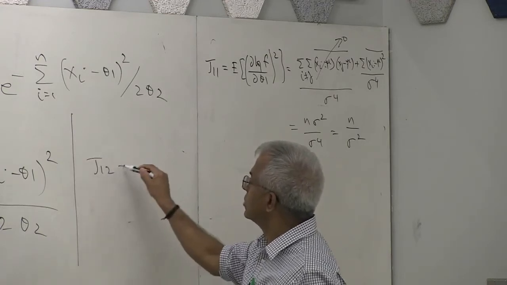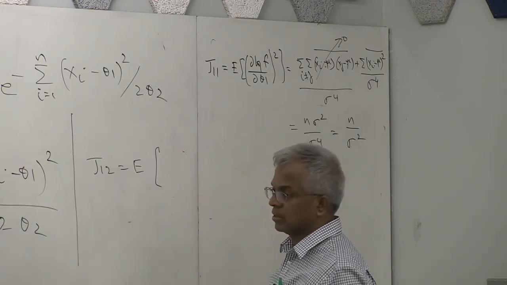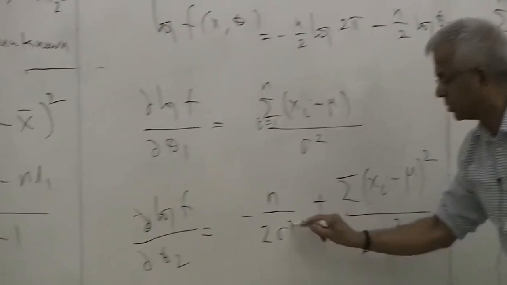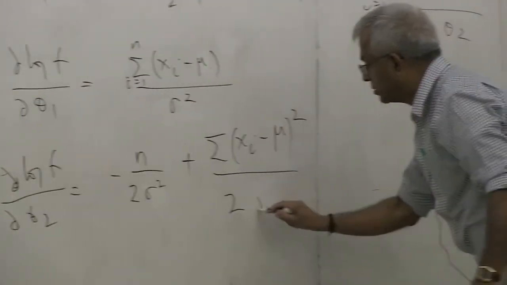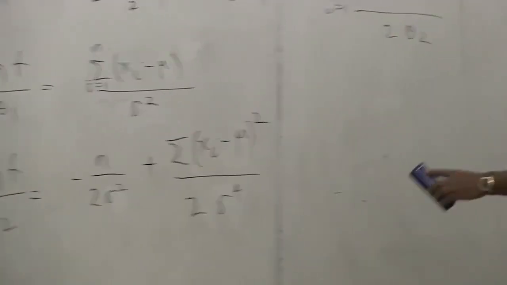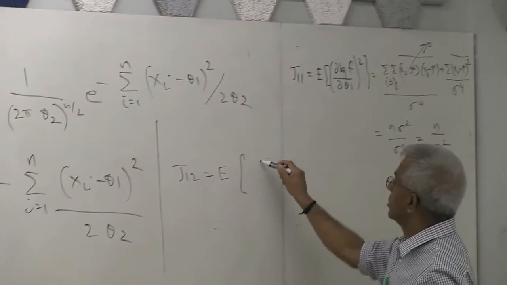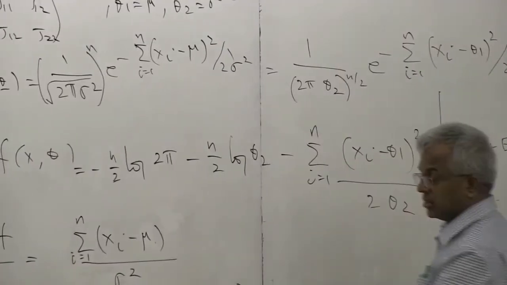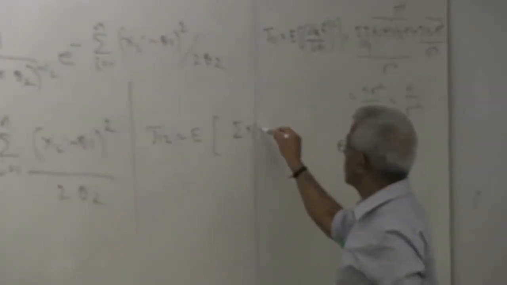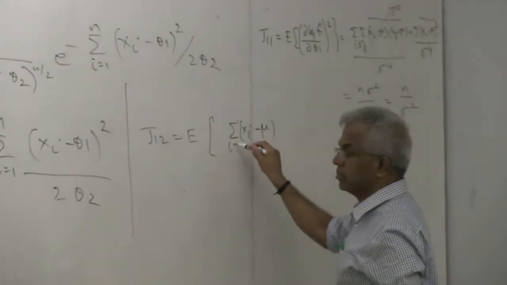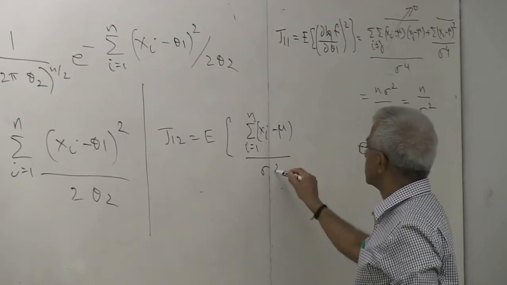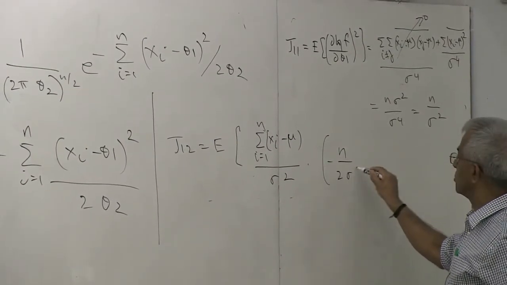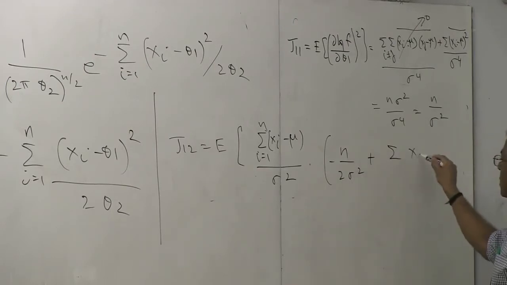And J12 is the expected value of, again, we are not going to take any more derivatives, so I'm going to put theta 2 as sigma squared. Theta 2 squared is sigma 4. So you have this multiplied by this: summation xi minus mu, i equal to 1 through n, over sigma squared, multiplied by minus n over 2 sigma squared plus summation xj minus mu squared over 2 sigma 4.